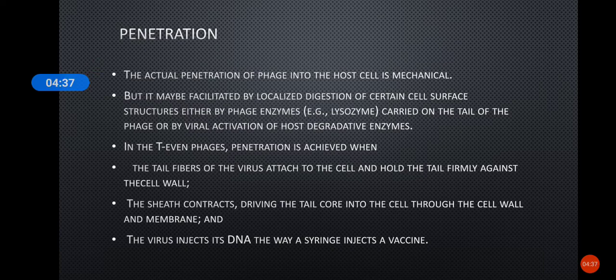In the case of T-even phages, the penetration is achieved through a series of steps. In the first step, the tail fibers of the virus attach to the cell surface, and they hold the tail firmly against the cell wall, and the sheath will contract, and through this contraction it will drive the tail core into the cell through the cell wall and membrane, and then the virus injects the DNA into the cell.